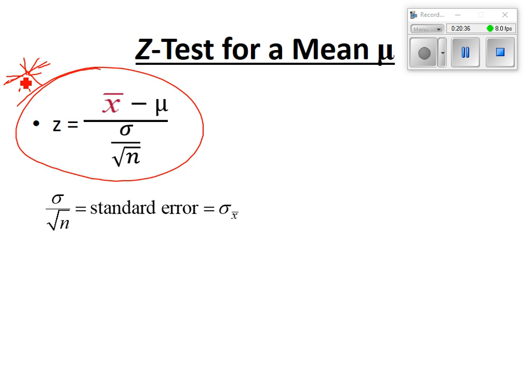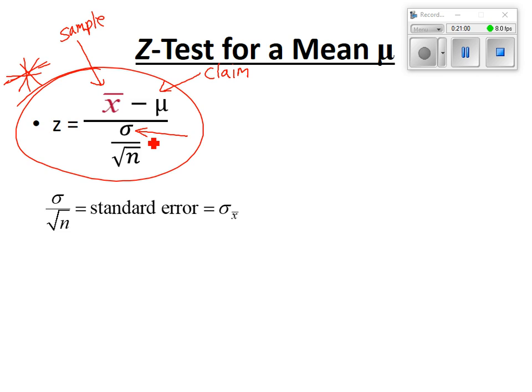X bar comes from where? Same. Mu comes from the population, which in this case is going to be your claim, what you're actually writing in your H0 and your HA. Sigma is the standard deviation.